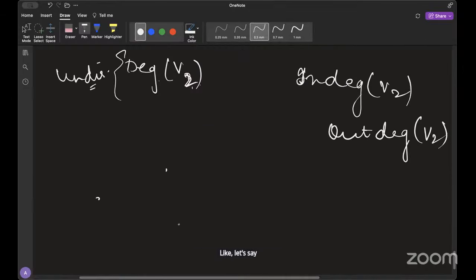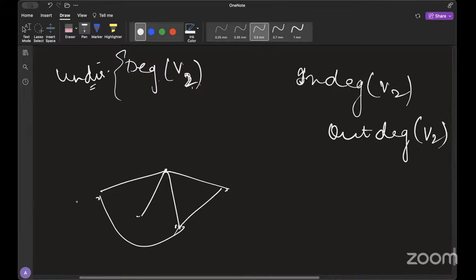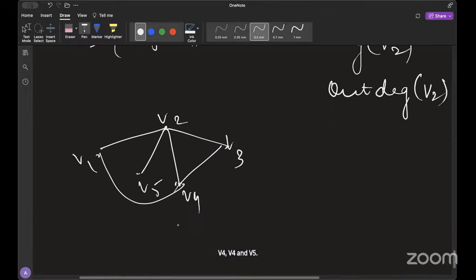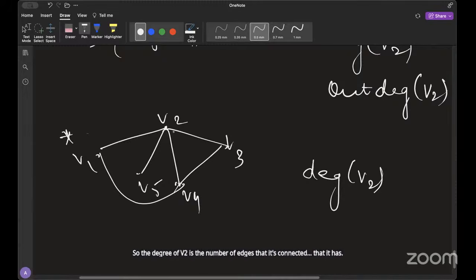Let's say you have this graph, V1, V2, V3, V4, and V5, and it's undirected. The degree of V2 is the number of edges that it lies on, right?